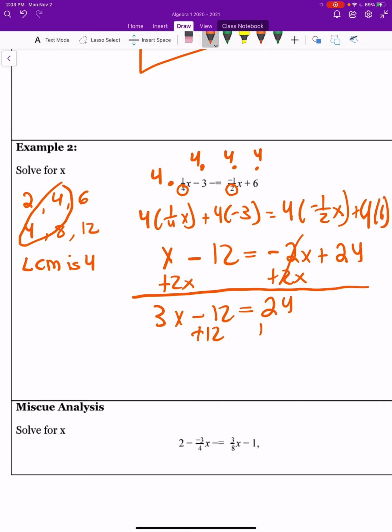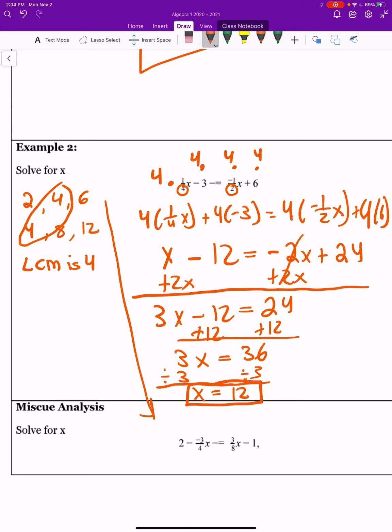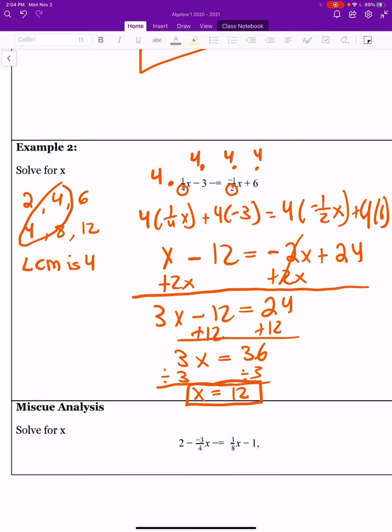Add 12 to both sides. 3x equals 36. Divide both sides by 3. x equals 12. Every time you're noticing, it's like an ice cream cone. We're trying to get smaller and smaller, more precise into a specific answer, a specific result. So please copy that down.